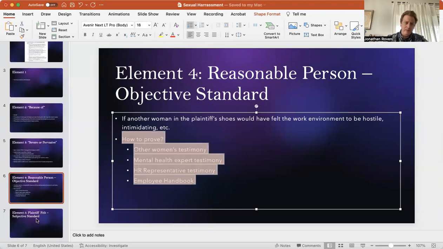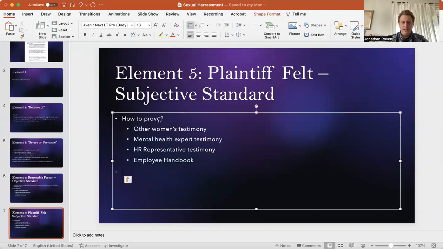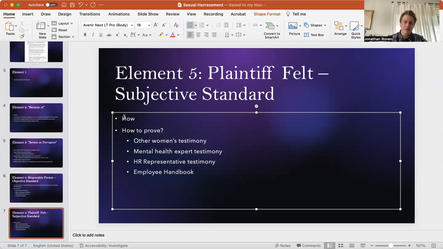And again, you can prove this through, what does it mean subjective? How the plaintiff actually felt about the situation. And how would you prove it?